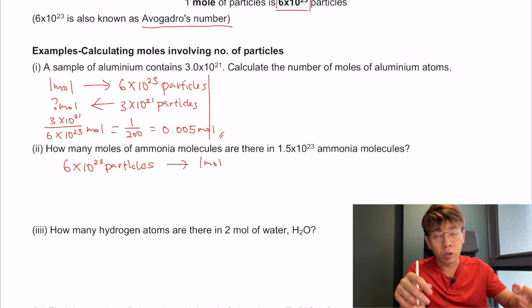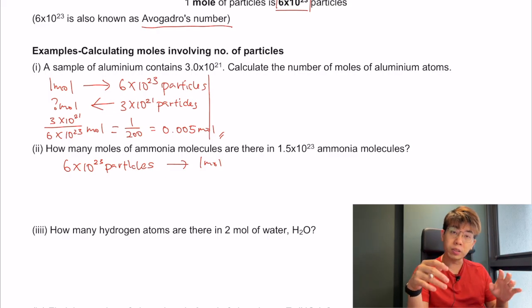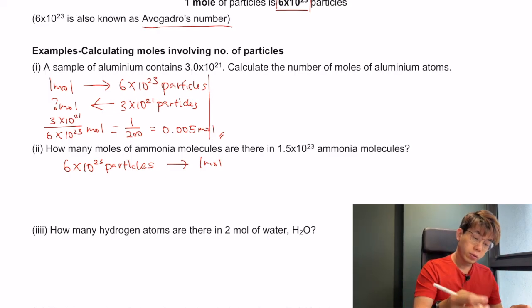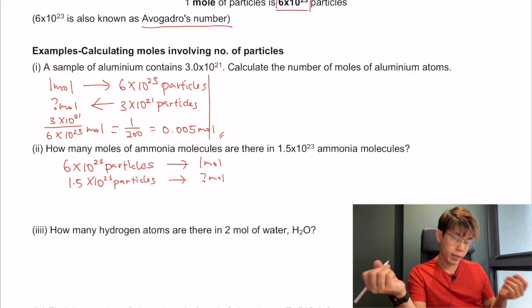You can find it on your periodic table at the bottom. So if 6 times 10 to the power of 23 particles is 1 mole, then 1.5 times 10 to the power of 23 particles is how many moles?